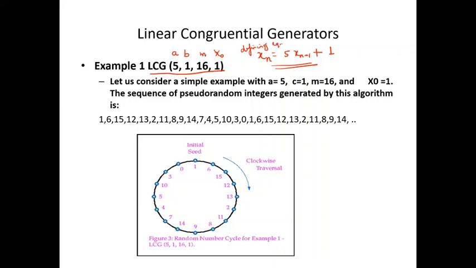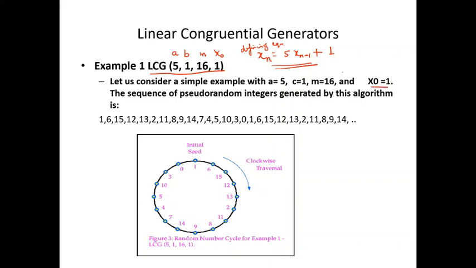Now based on this, you try to find the various numbers. What should I put for xn minus 1 in the first place? It is the initial seed value.